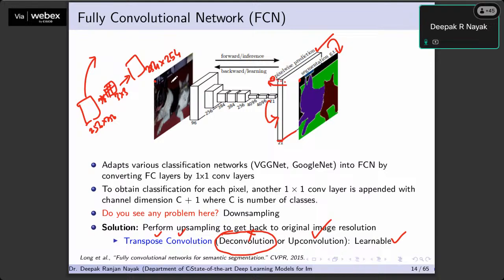Then you classify the second pixel. For the second pixel, you will also find the maximum value in the last channel, because the second pixel is also a background pixel. Every time you will get 21 probability values for every pixel, and out of them you check only the maximum probability value, and accordingly you assign the class label to each of the pixels.